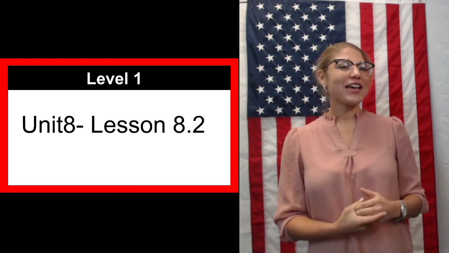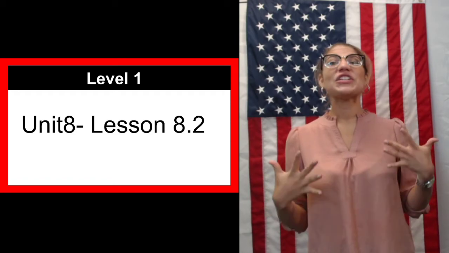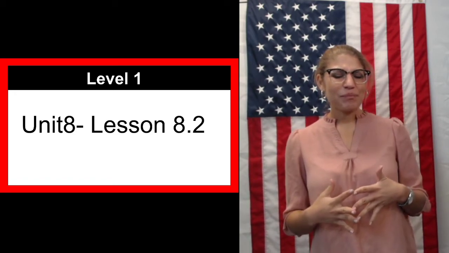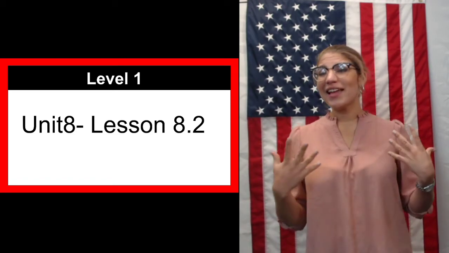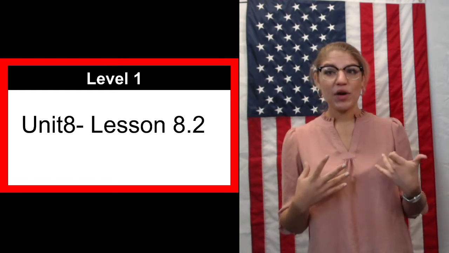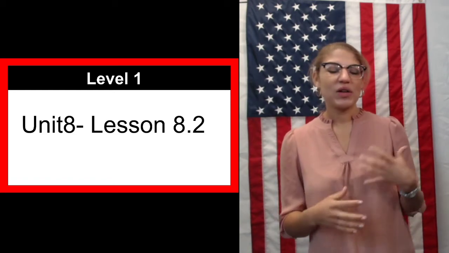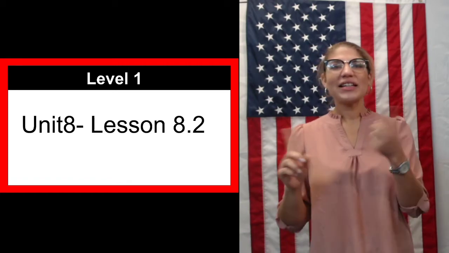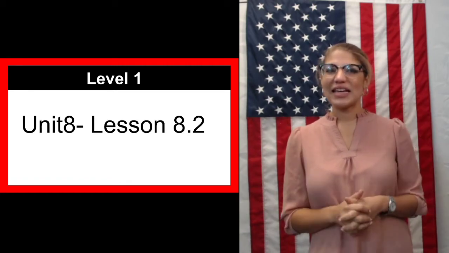All right, now, today we are on unit number 8, lesson number 2. We are talking about stages of life. A stage is like a step or a point in your history or in your life. So let's take a look at some stages of life.